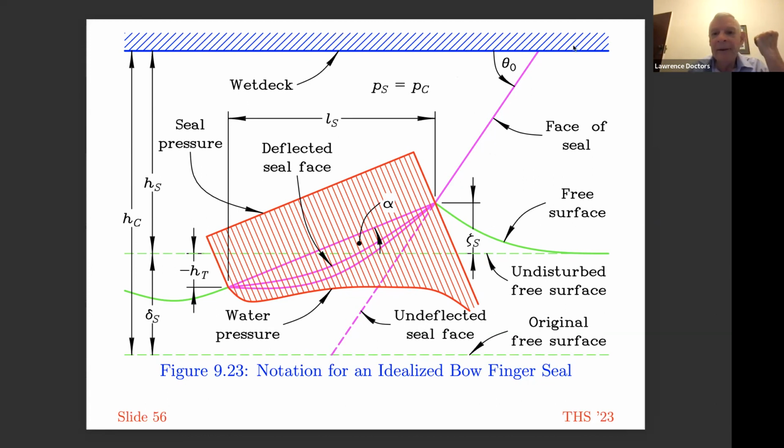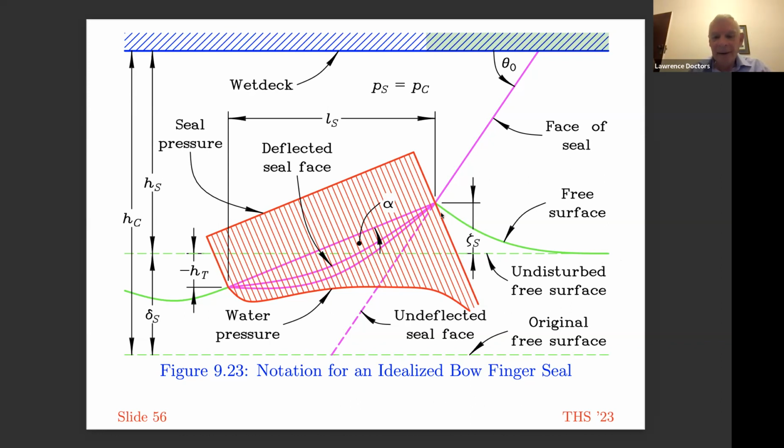The blue part here at the top represents the wet deck, the bottom part of the solid part of the hovercraft. This purple line is the side view of the finger at the bow. In the undeformed shape, it would go all the way down, as I'm illustrating now with the mouse. Now, this is the water surface here.